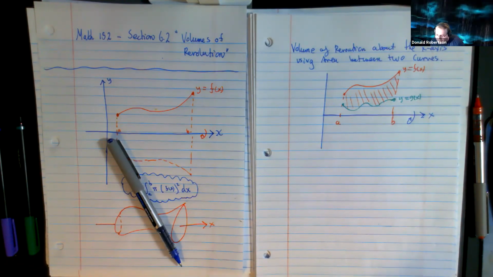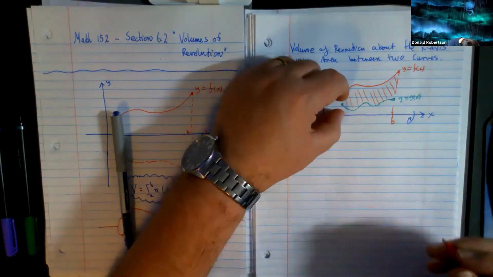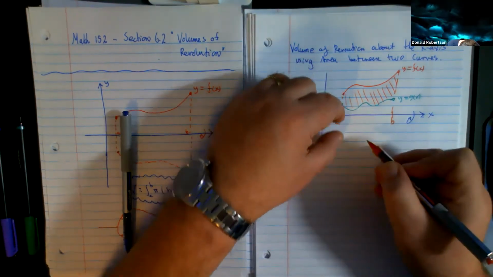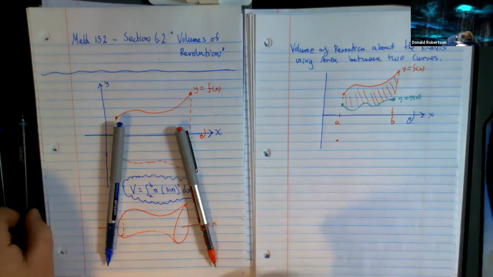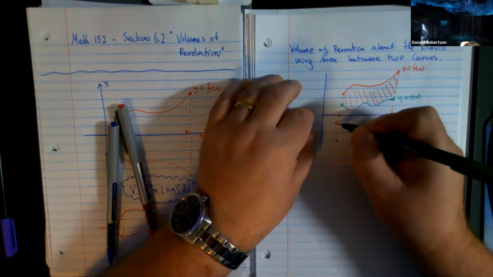So we are talking about finding the volume of a really weird shape. I'll try my best to draw it. It's about that much. Green's about here.